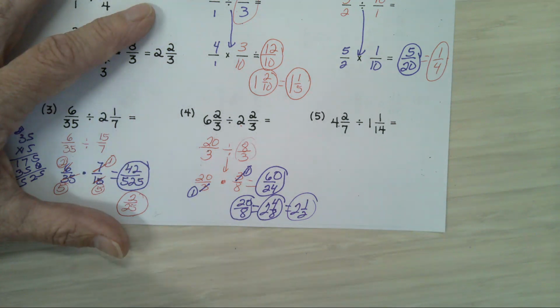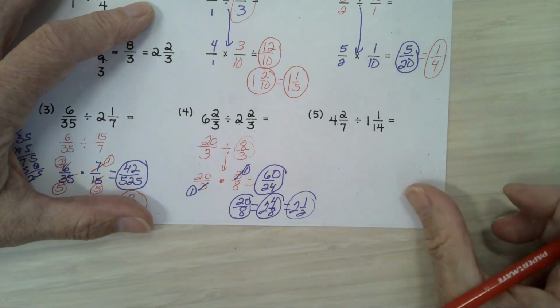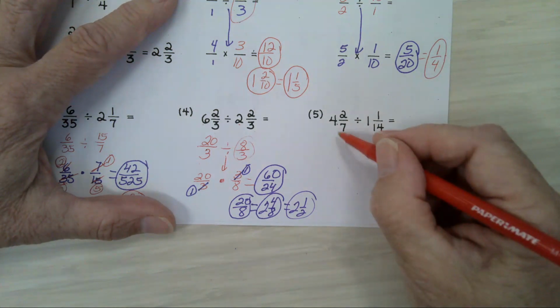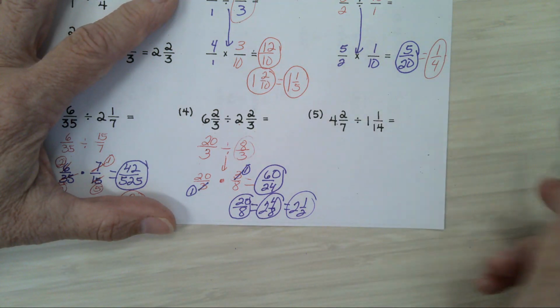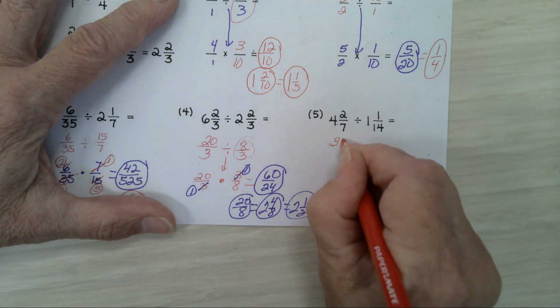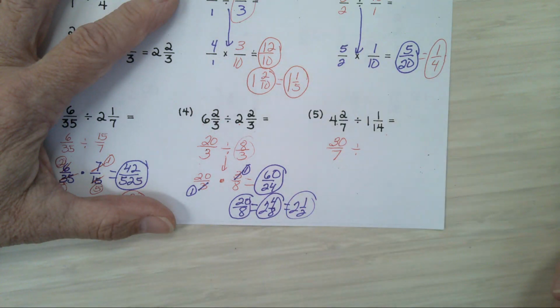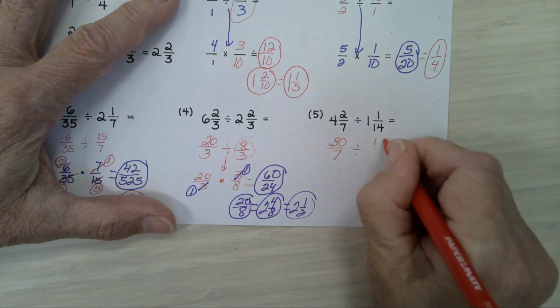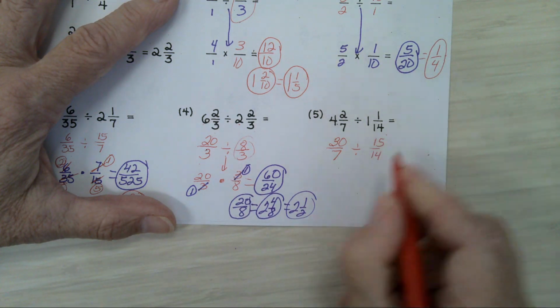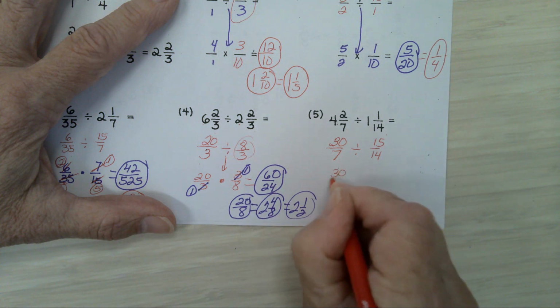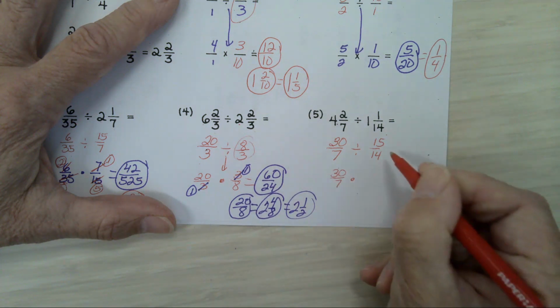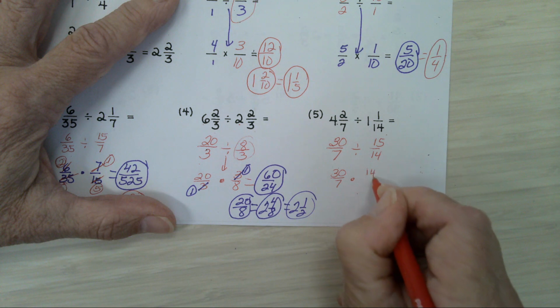Last bell work problem, then I'll put this on pause. 7 times 4 is 28, plus 2 is 30. 14 times 1 is 14, plus 1 is 15. Now we're going to keep, change the sign, and do the reciprocal, or flip that one.